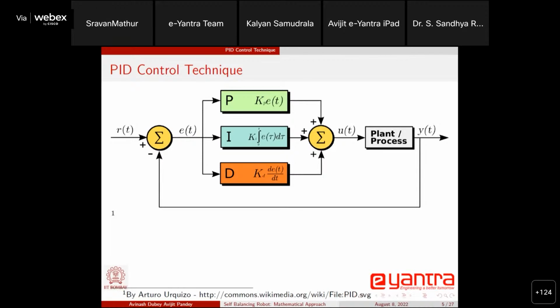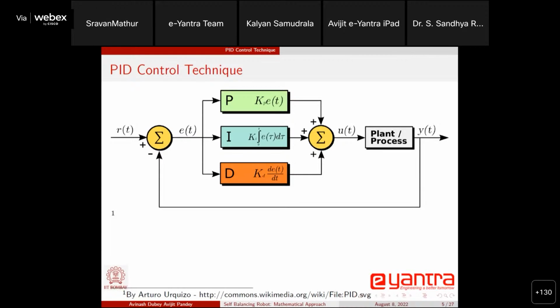Our Y(t) should follow R(t). So we take the difference of our measured output with the reference input, and we take the error out of it. Then based on our error, we apply our control technique so that our U(t) is in such a way that it gives the desired output. So our main objective is to bring this error to zero, right?